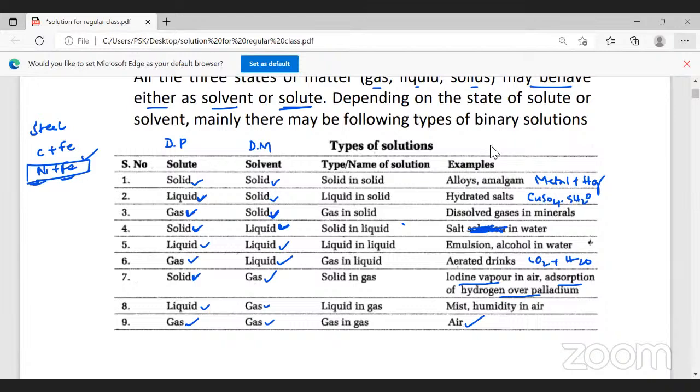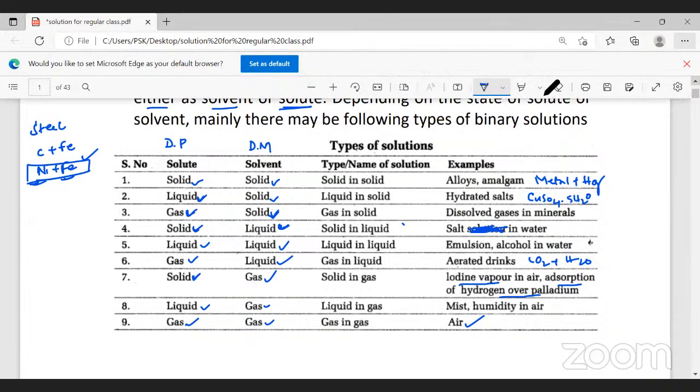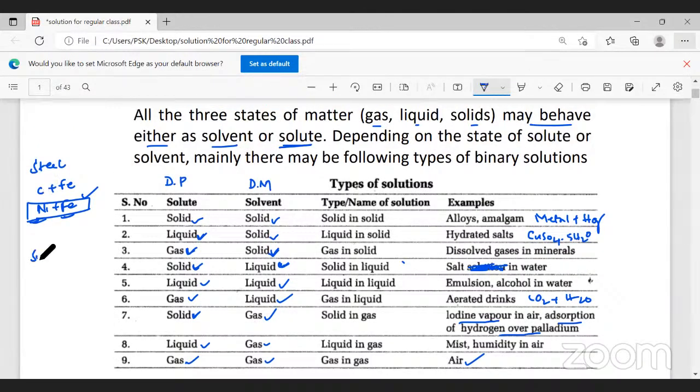So we are not concluding that a solution is only solid and water or a salt and water. No. A solution can be of different types. The solid can behave like a solvent, or sometimes a solid can behave like a solute. It depends.